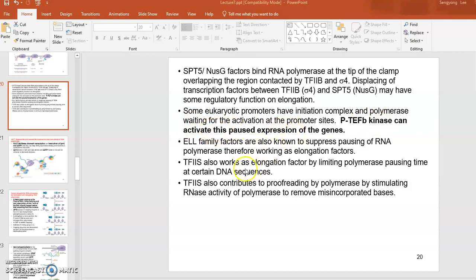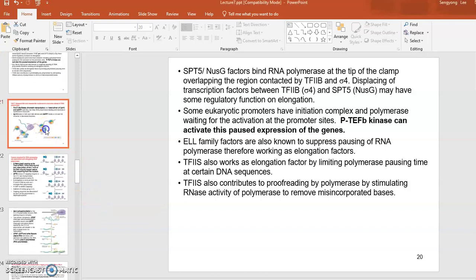Okay, so different factors can do the similar thing. They can activate the polymerase so it can start the transcription continuously. That's elongation start. Factor 2S can also work as the elongation factor that can activate the polymerase enzyme. That's what it says. And factor 2S also contributes to proofreading by polymerase by stimulating RNase activity of polymerase to remove misincorporated bases if there was any.